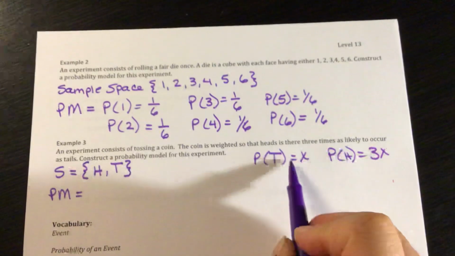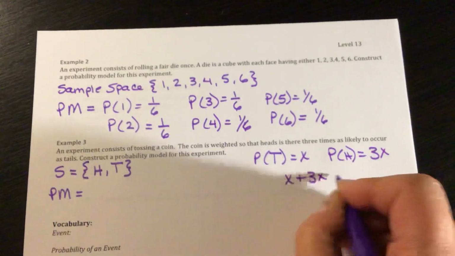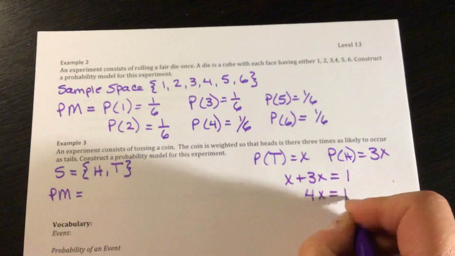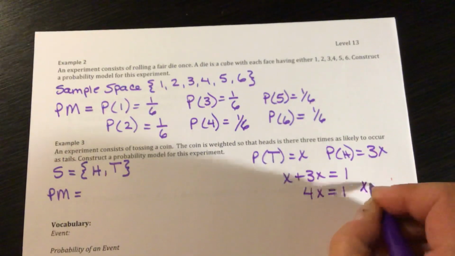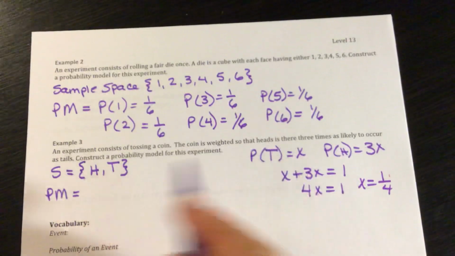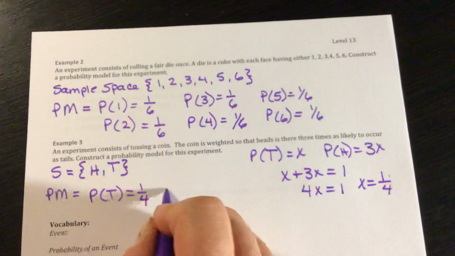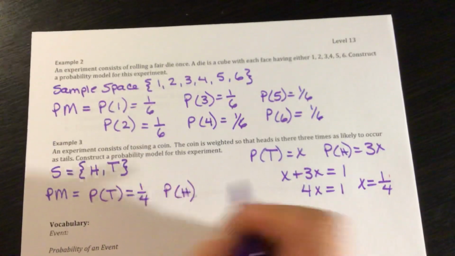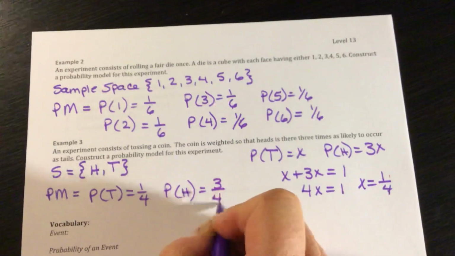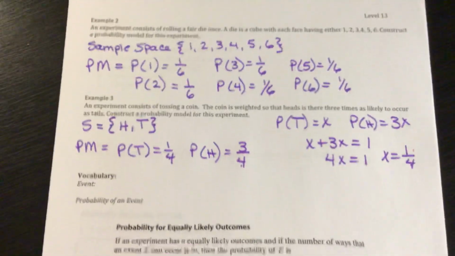But I know that these have to add up to 1, so X plus 3X equals 1. So 4X is 1 and X is 1/4. So the probability of getting a tail is 1/4, and the probability of getting a head is 3 times 1/4, or 3/4. And again, if I add these up, I'm going to get 1 whole.